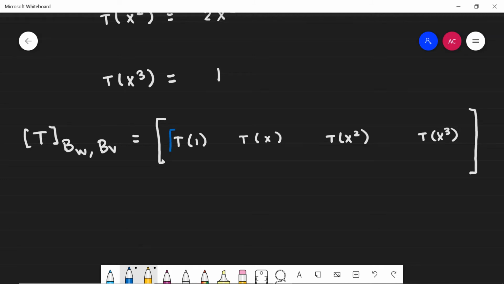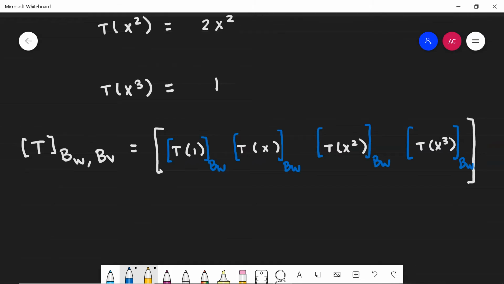So I come over here and look at the coordinate vector with respect to W. Same thing for the second output, and the third, and lastly the fourth.